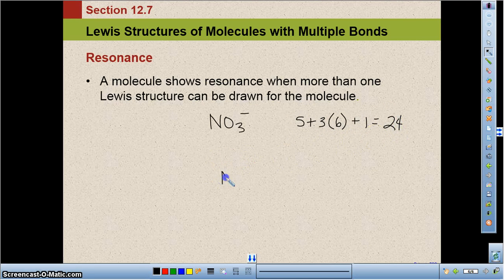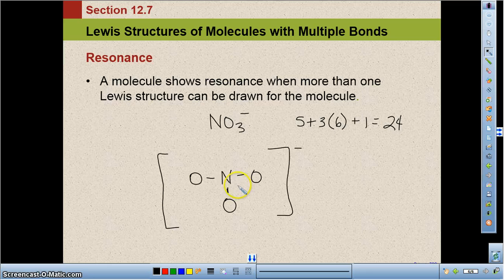We're going to start by putting nitrogen down as the central atom. We are going to single bond to the oxygens because that's just how we set this up to start with. And we are going to put a bracket around the outside to indicate a -1 charge, that this is actually an ion instead of just a molecular compound.